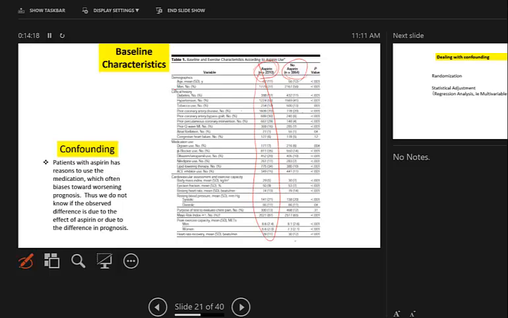Okay. So if age is increased by 1 year, that translates to an increase in risk of, let's say, 0.5%. So therefore, the aspirin group has a 6 years older age, so that contributes to 3%, for example, increase in the rate of death. And then the analysis actually discounts that, right?